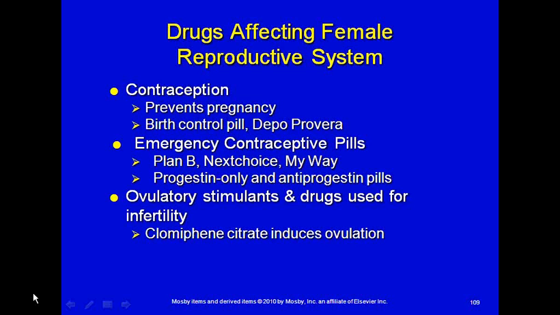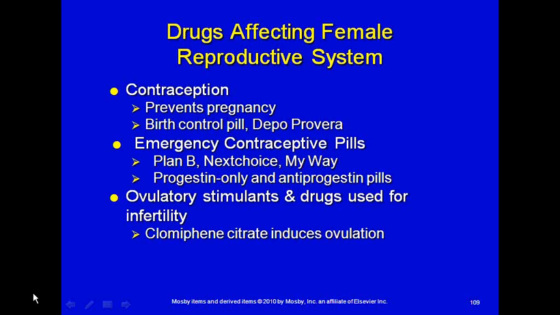There are several on the market, Plan B, Next Choice, My Way, and they can be progestin only, or they can be a combination of progestin and anti-progestin pills. And these increase the amount of progesterone in the system, which makes it more difficult for fertilization to occur.